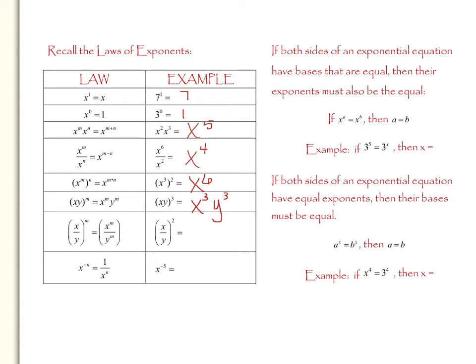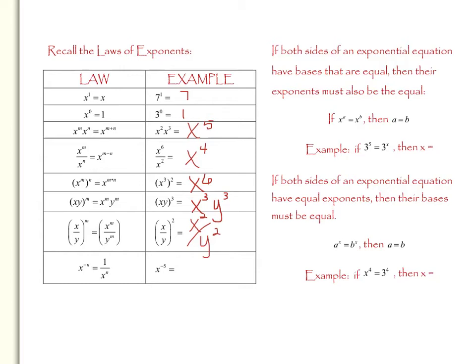So now let's look at our example. We have x divided by y raised to the second power. So that would be x to the second power divided by y to the second power.